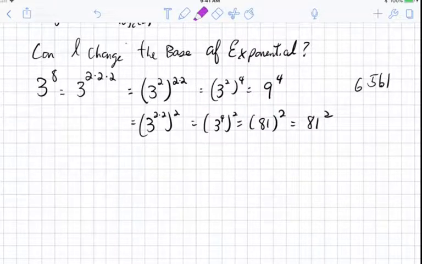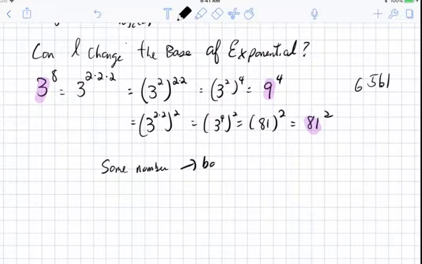But thinking about exponential functions, this is actually pretty cool, because this exponential function and this exponential function and this exponential function all have different bases. So it's possible to write the same number as different exponentials if the base changes and the exponent changes.